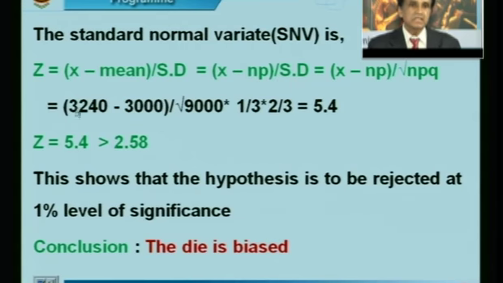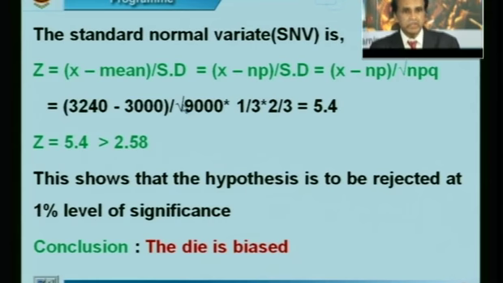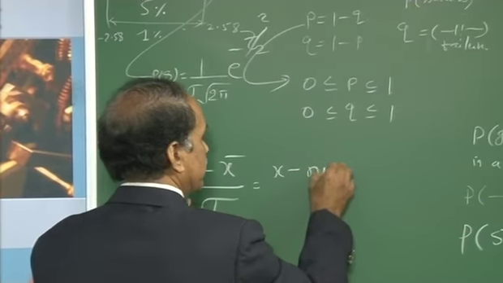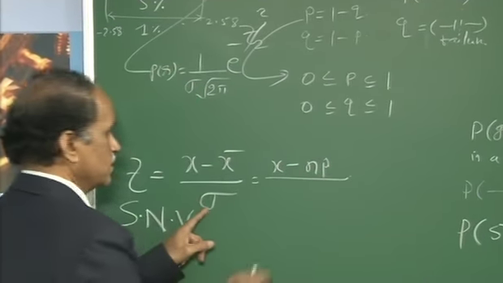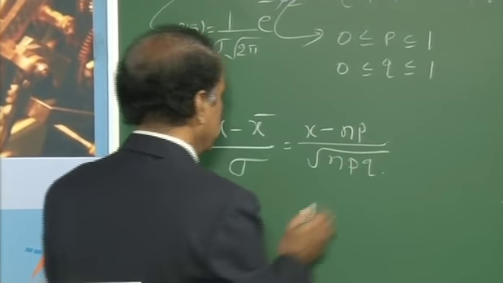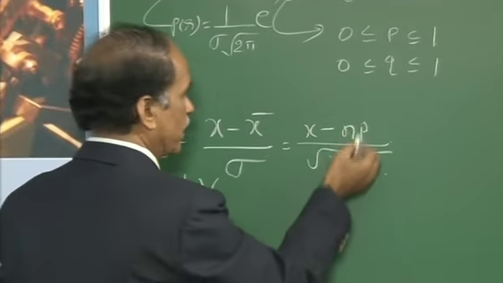The observed number of successes is the given value 3240 minus 3000, divided by square root of 9000, that is square root of npq. What do you mean by these two values?